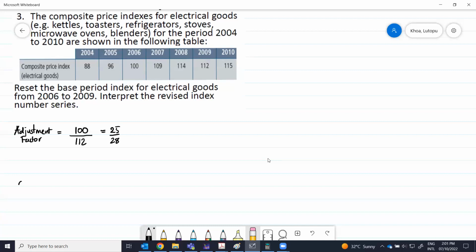So this will be a composite price index. And these are our years, starting with 2004.